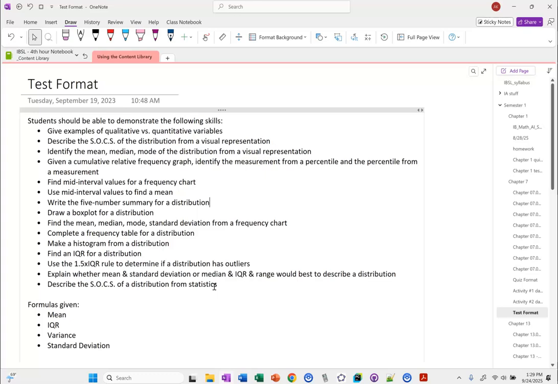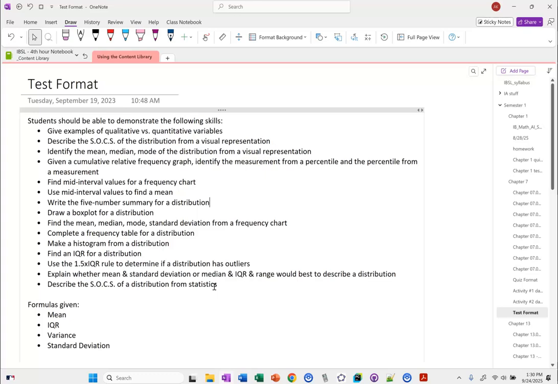5-number summary for a distribution. What's the best way to do that? Calculators, right? You just type it all in there and do the one variable stats. Box plot for distribution. What's the easiest thing to goof up on the box plot? Outliers get the stars.